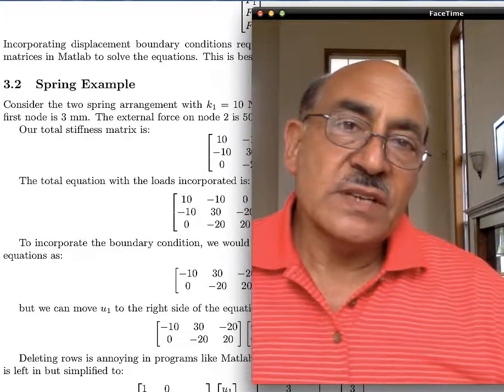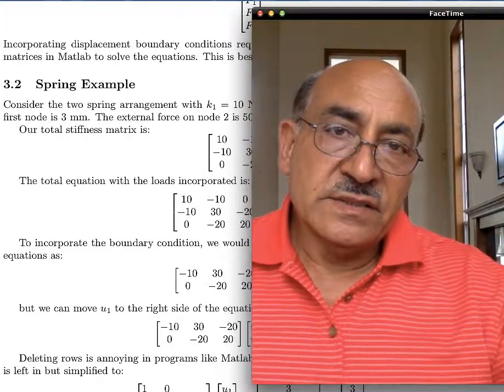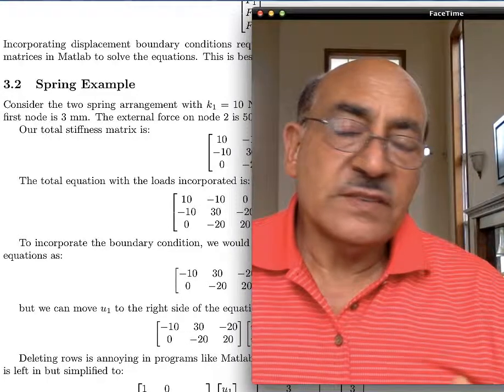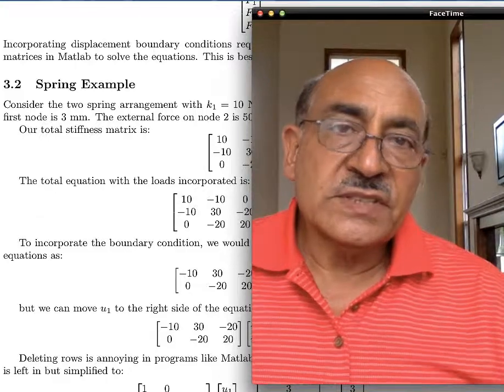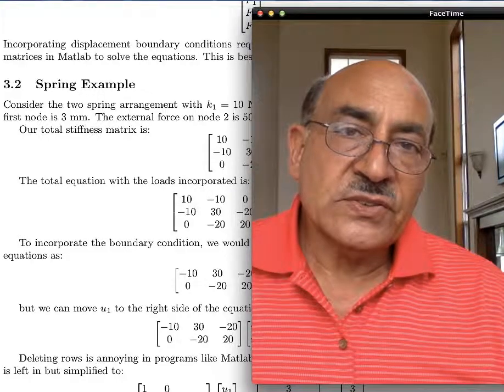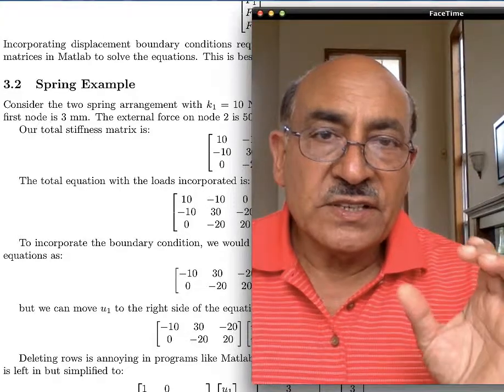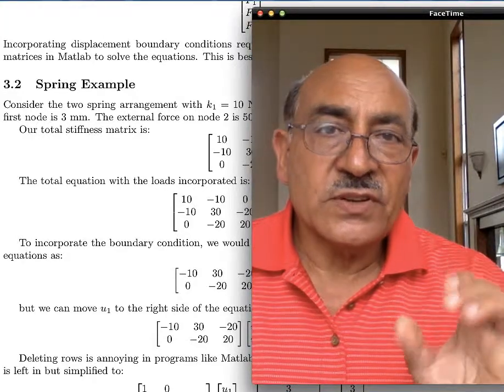In other words, I can either dictate what the displacement is at a node given some constraint, or dictate what the force is at a node given some constraint. Such dictation of result is called a boundary condition.